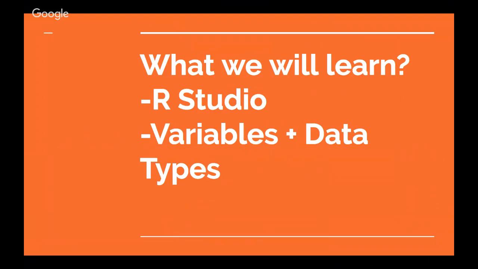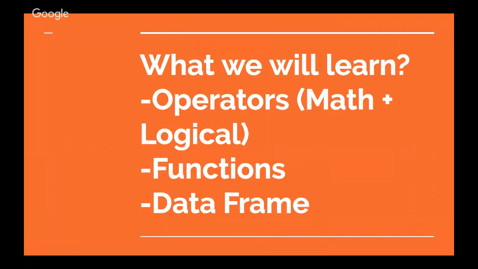So what are we going to be learning today? The first thing is how RStudio works. RStudio is the integrated development environment for when it comes to applying R code. We're going to be learning the basics, things like how variables and data types in R work. We're also going to be learning how you can do mathematical operations using R, how logical operators work, how you can create and apply functions, and how data frames work.